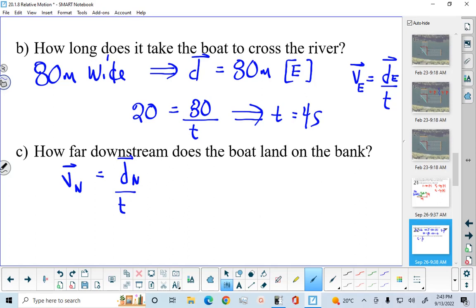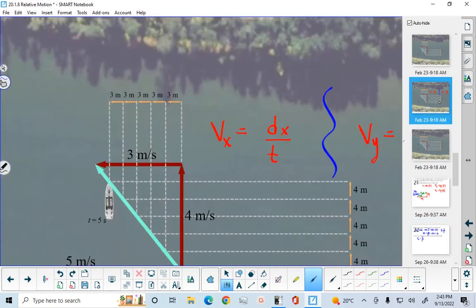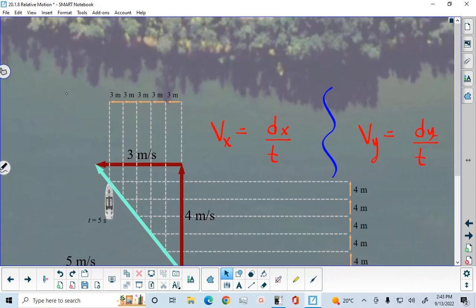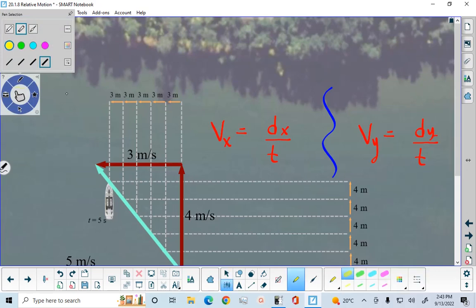When I talked here about this boat, and I have these equations in red, I said the horizontal velocity is equal to the horizontal displacement over the time, and the vertical velocity is equal to the vertical displacement over the time. I didn't talk about the time in terms of direction, and that's because there is no direction with time. But these two times, this time and this time, are the same.